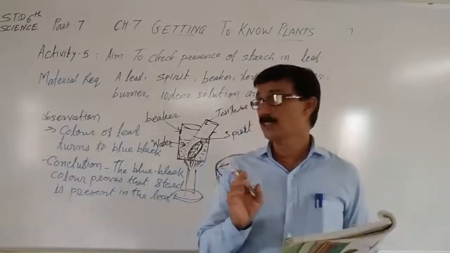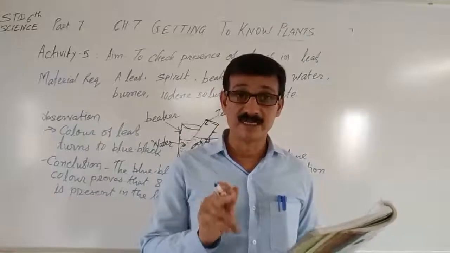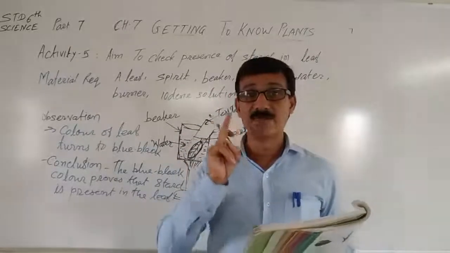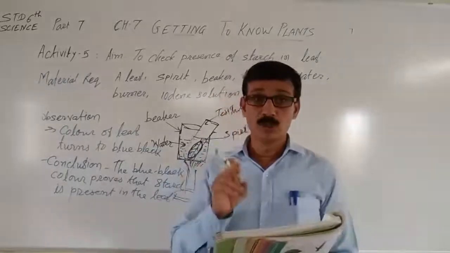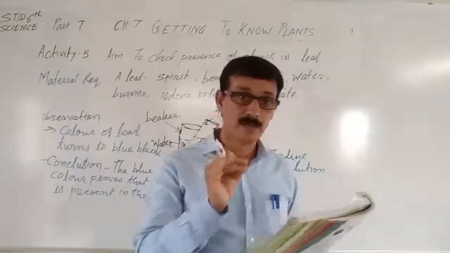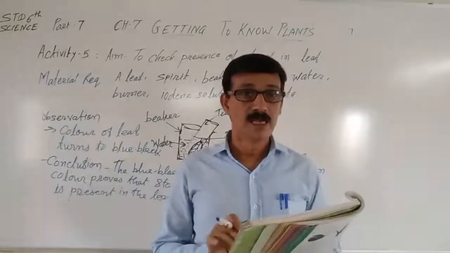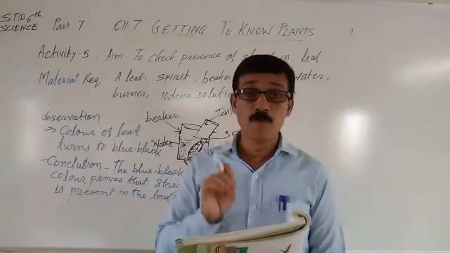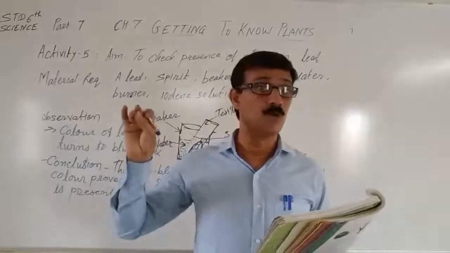The only process on earth which provides us oxygen is photosynthesis, and plants are very essential for life. Why? Because life in every living organism requires oxygen, and we get oxygen through the photosynthesis process. That is why plants are very essential on the earth.